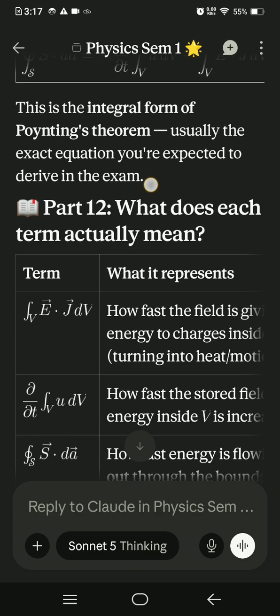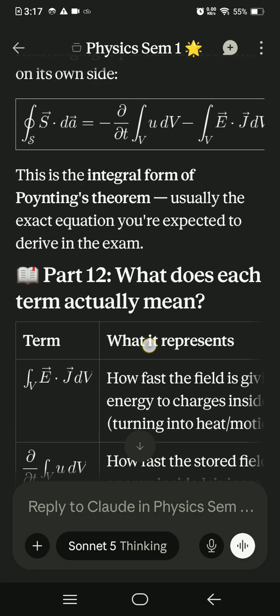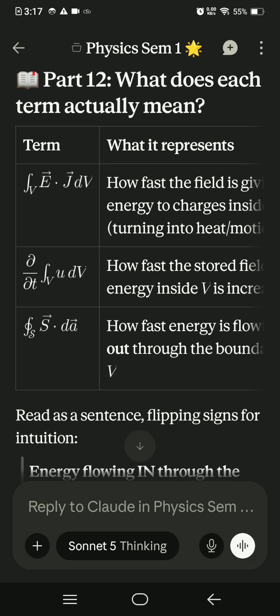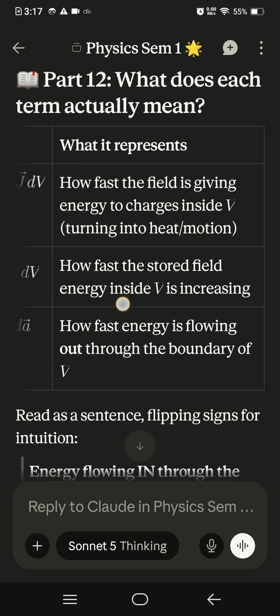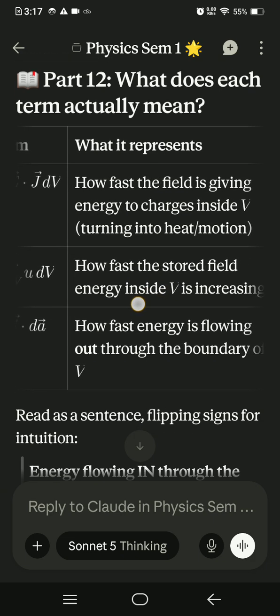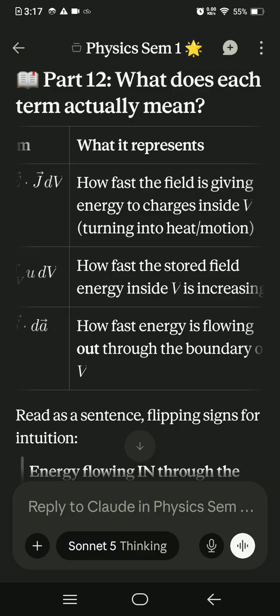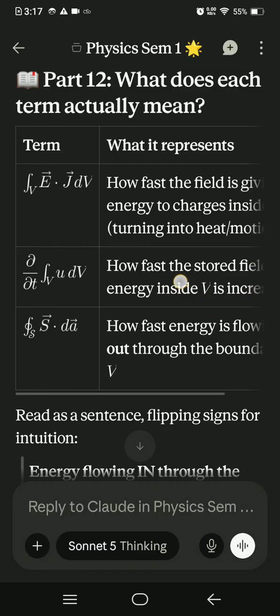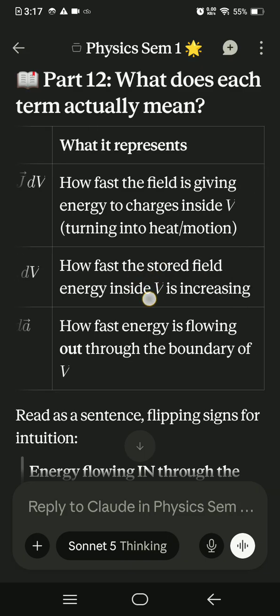This d upon dt of u dv is how fast the stored field energy inside V is increasing.